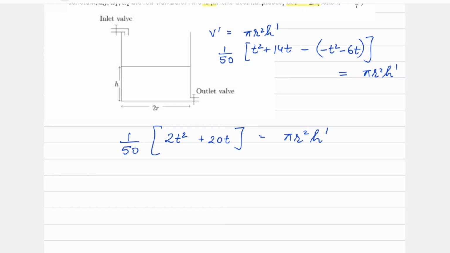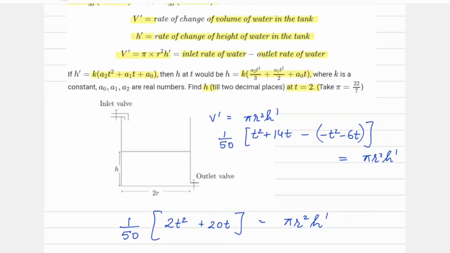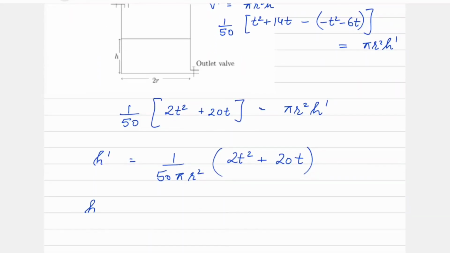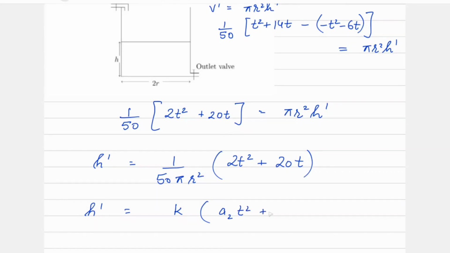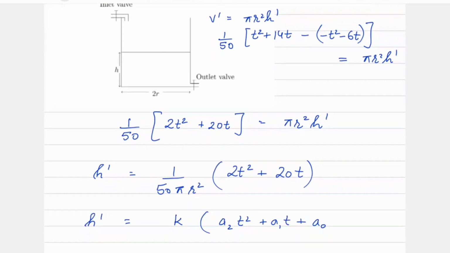Now H' comes out to be 1/(50πr²) times (2t² + 20t). And the H' given to us is k(a2 t² + a1 t + a0).